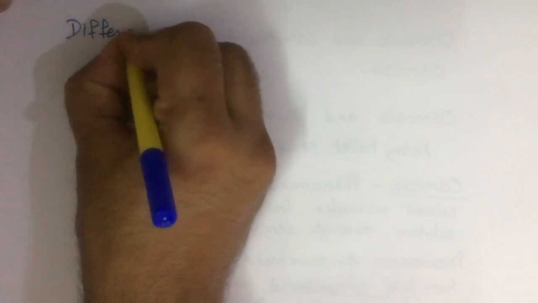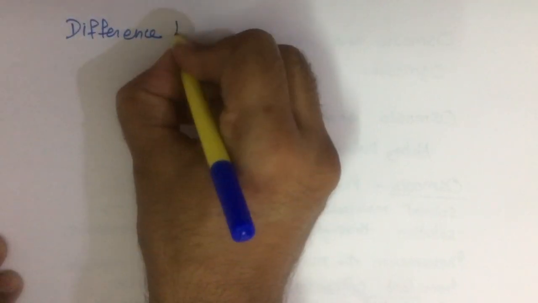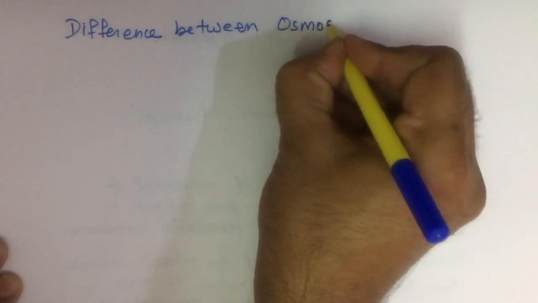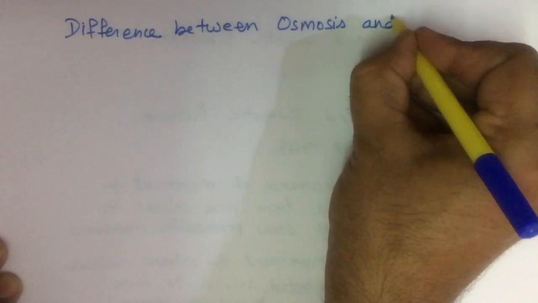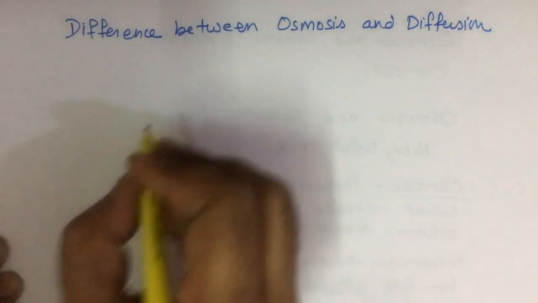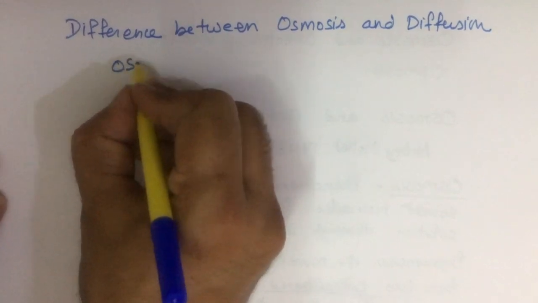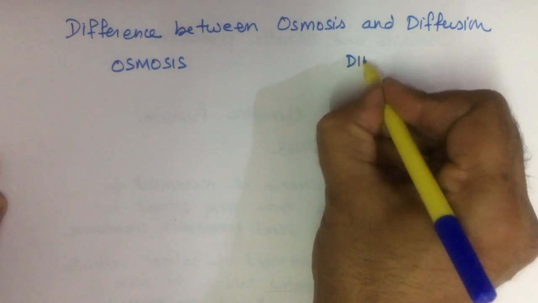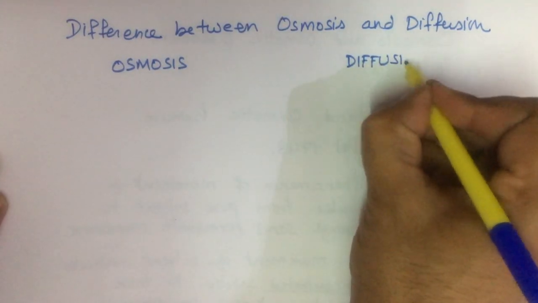Now we will try to find out the difference between osmosis and diffusion. Here on one side we have osmosis and on the other side diffusion.